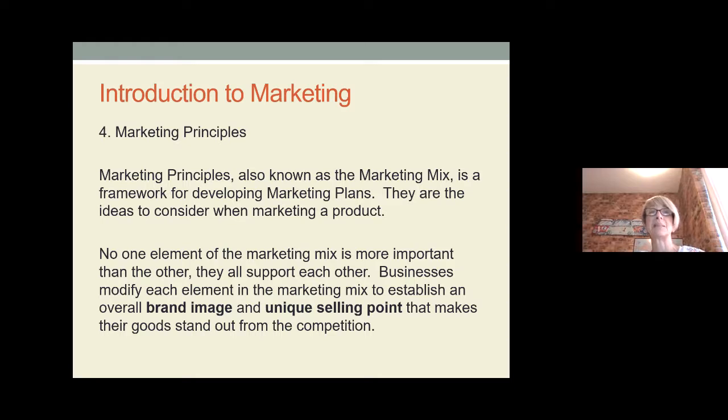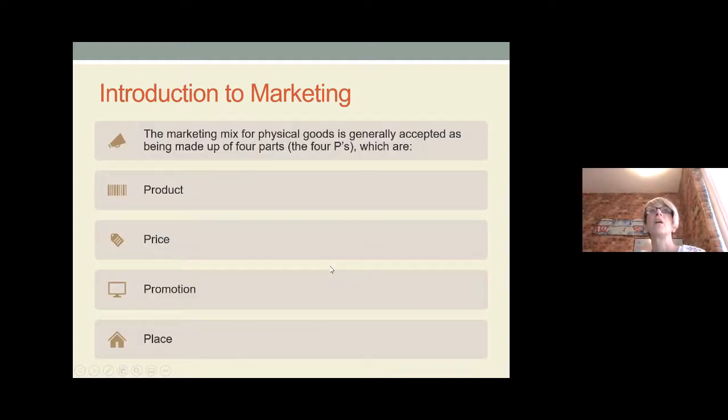Businesses modify each element in that marketing mix to establish an overall brand image and a unique selling point that might make their goods stand out from the competition. The marketing mix for physical goods is generally accepted as being made up of 4 parts, commonly known in marketing as the 4 Ps.